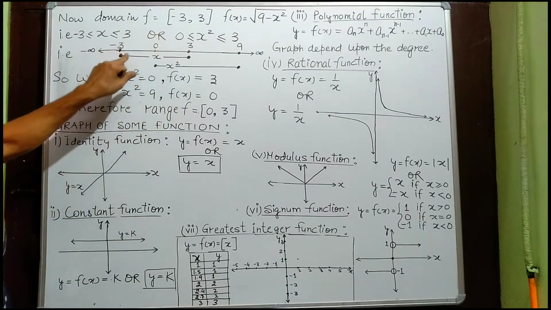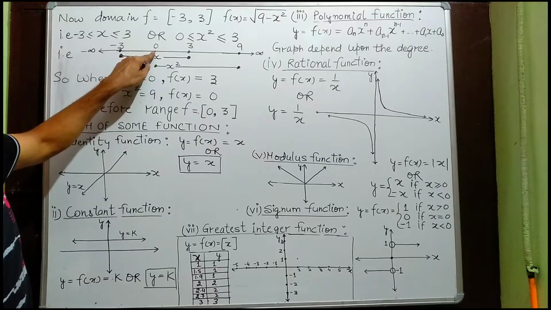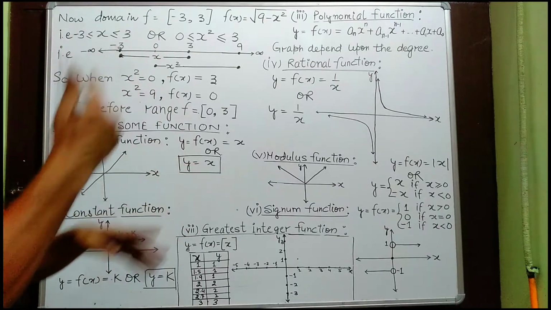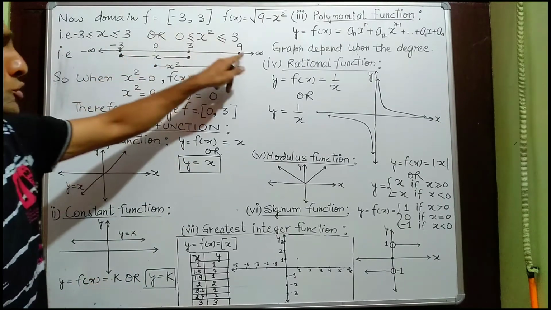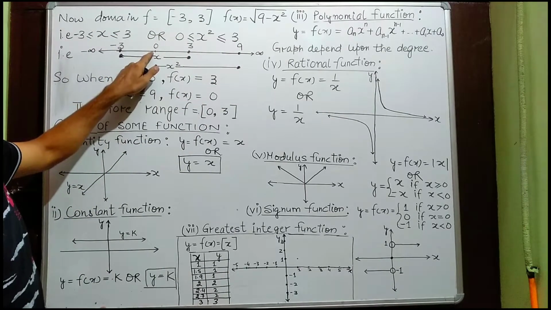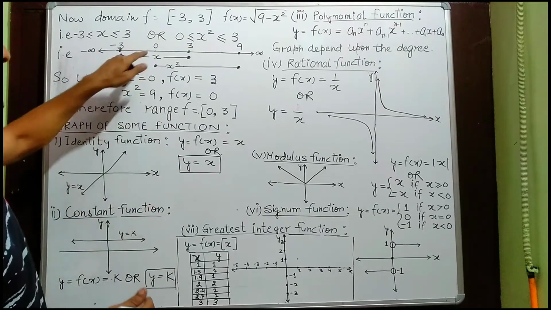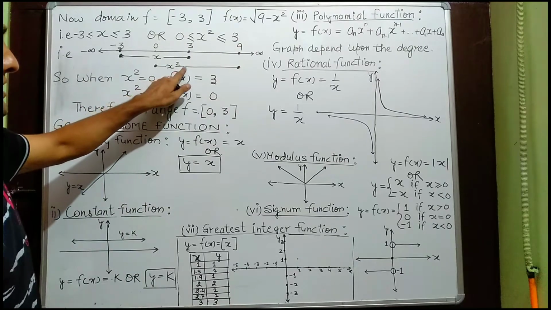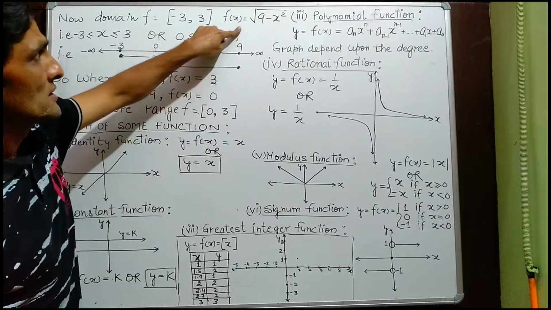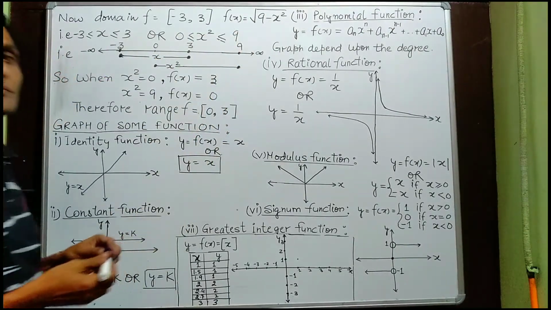Now when you square this x, on squaring the values from minus 3 to 0 convert to 0 to 9. Similarly, the values of x in between 0 to 3 on squaring fall in the range 0 to 9. That is, the range of x square will be 0 to 9.